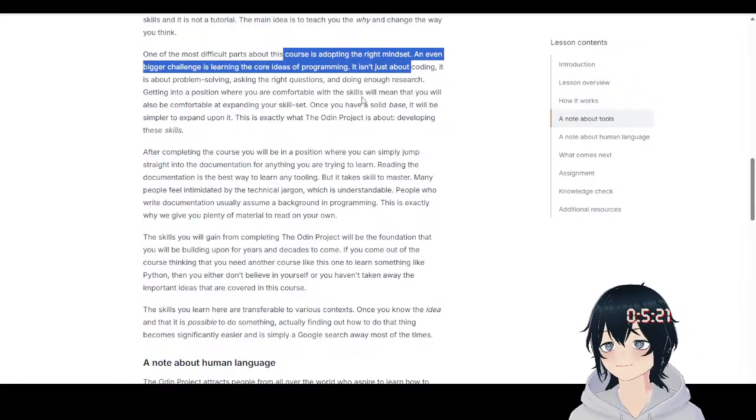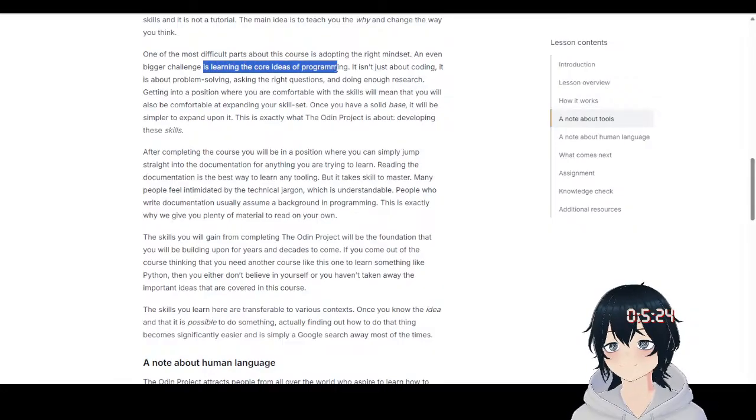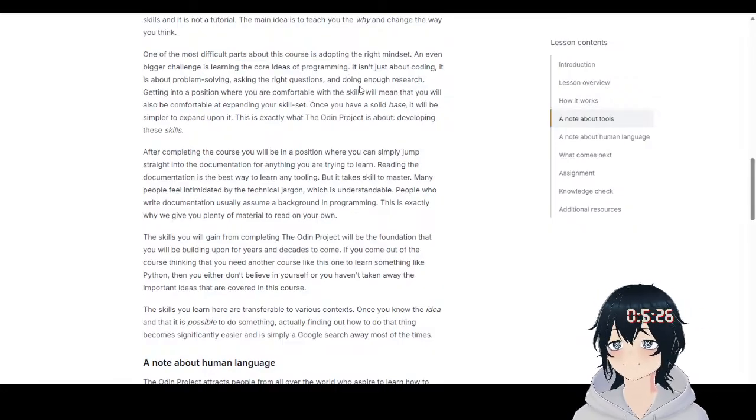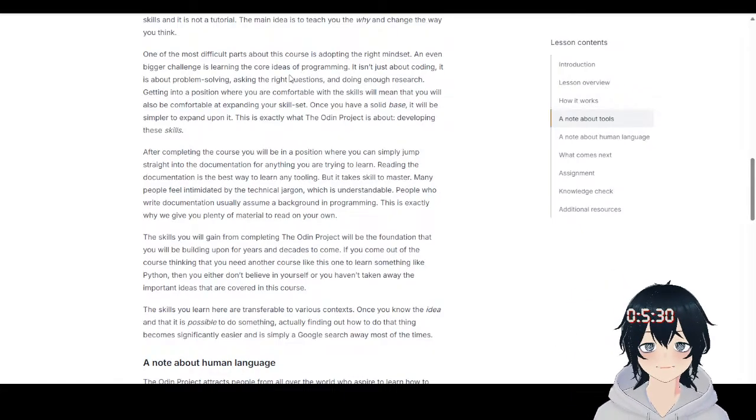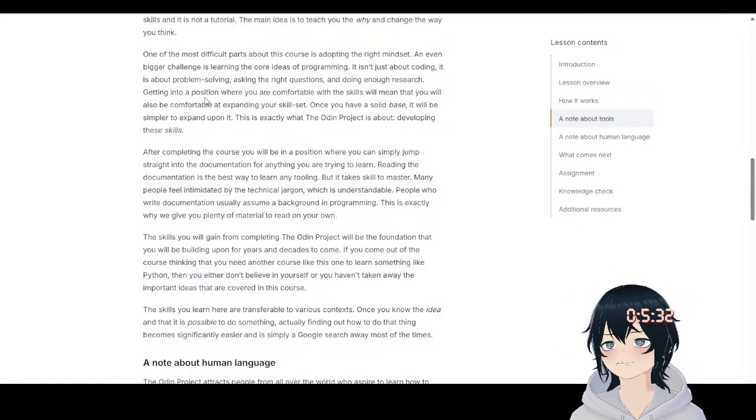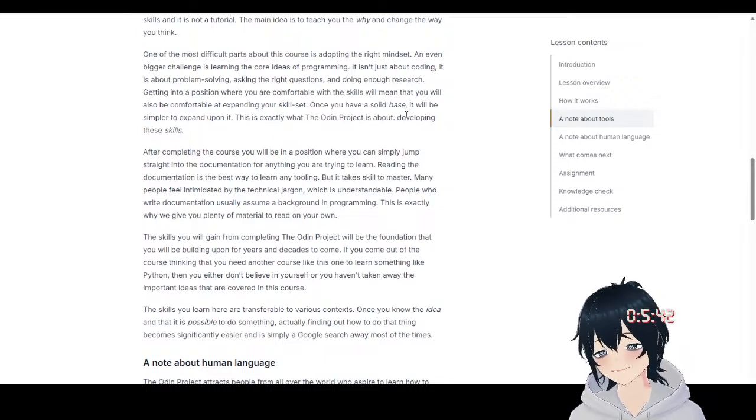Adopting the right mindset, learning the core ideas of programming, problem solving, asking the right questions, and doing enough research. Getting in a position where you are comfortable with the skills will mean that you will also be comfortable at expanding your skill set. Once you have a solid base, it'll be simpler to expand upon it. Exactly what this is about.